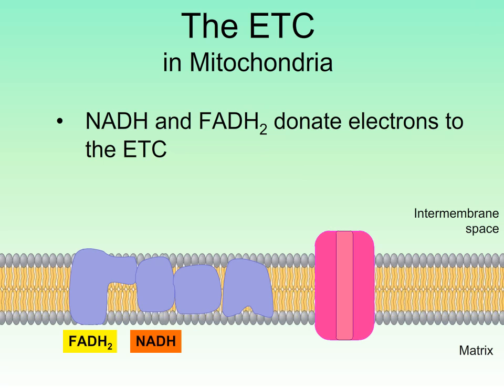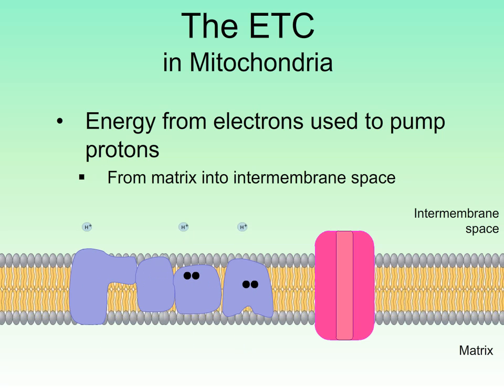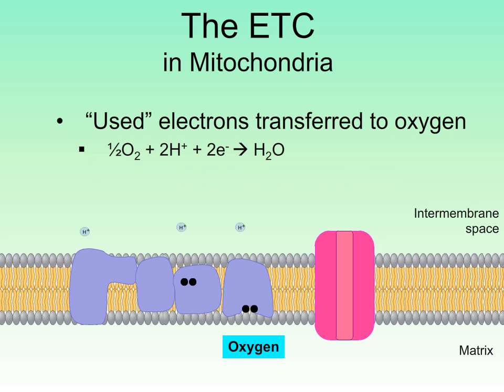NADH and FADH2 donate their electrons to the ETC. FAD and NAD are recycled as they can pick up more electrons in glycolysis, pyruvate processing, and the citric acid cycle. As the electrons are transferred from one protein complex to another, their energy is used to pump protons from the matrix into the intermembrane space. This results in a high concentration of protons in the intermembrane space. The ETC transfers the low-energy electrons to oxygen, resulting in the formation of water.